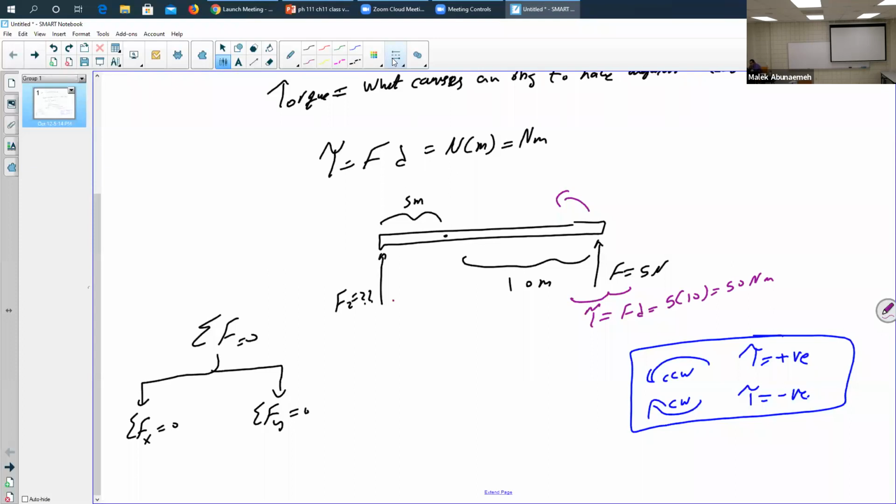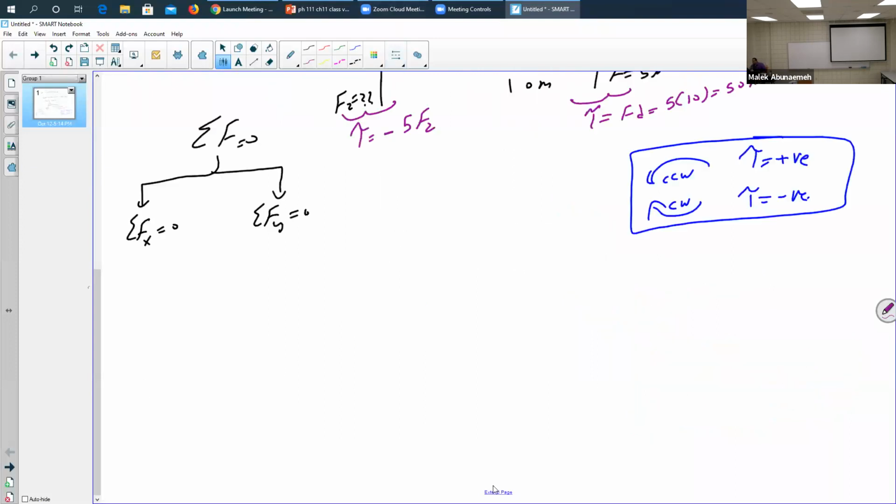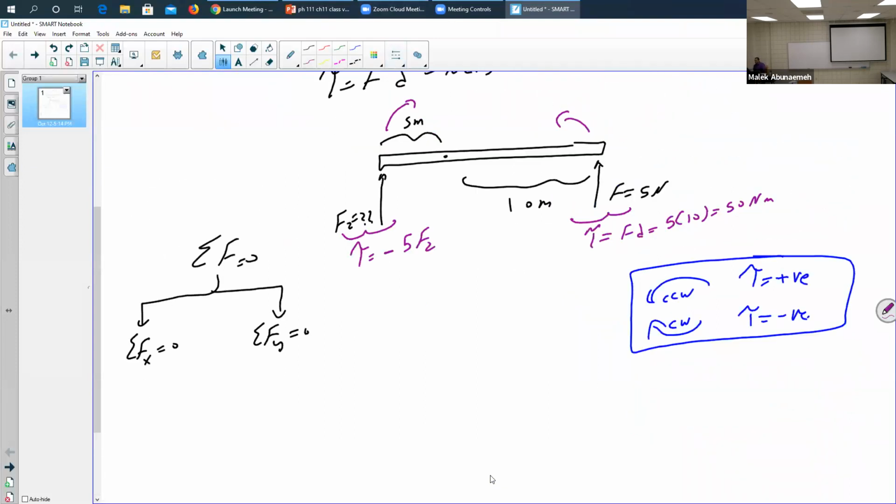Now for the second one, you are going clockwise, so your torque is going to be negative. The distance is 5 multiplied by F2. Now we mentioned that all the forces have to equal 0 in order for it to be in equilibrium. We also need to mention that all the torques have to equal 0 when you have equilibrium.